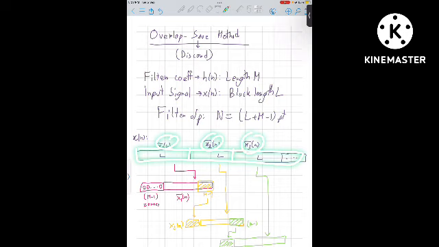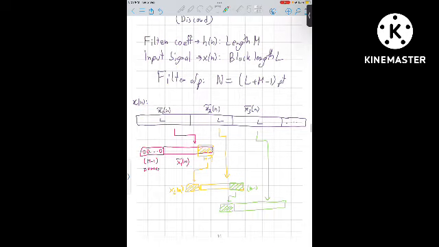We take this block of length L and m minus 1 samples from this are added over here. This is our x2 of n. Now again look what I do over here. I take this block of length L and I take m minus 1 samples from the end and append it over here. So how will it look in the notation when I write it?